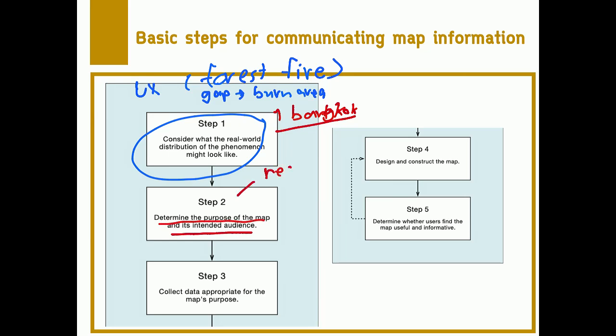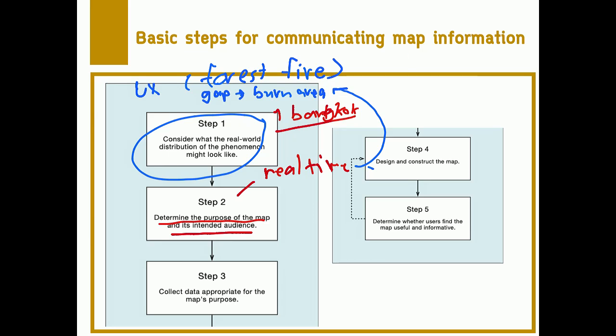We can make a real-time map. For this case, a real-time map means that it can address the burn area or the forest fire, right? Web mapping forest fire, real-time monitoring for forest fire mapping. I think about this topic.